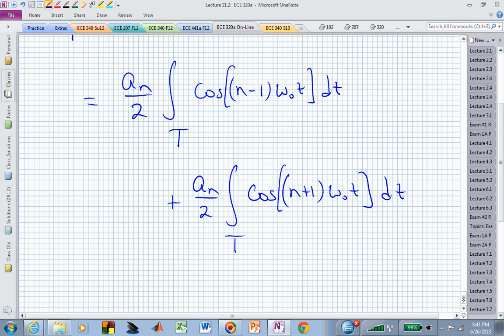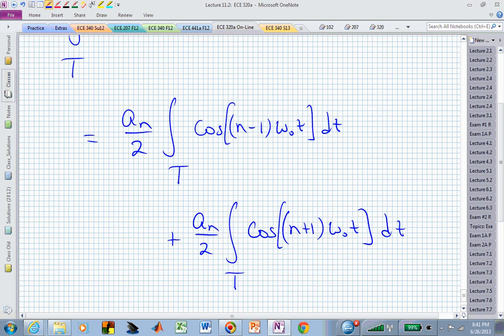And hopefully it's clear when n is not equal to 1 that now we're integrating an integer multiple of cosines over one period, and that integral now is going to vanish, as is this one.